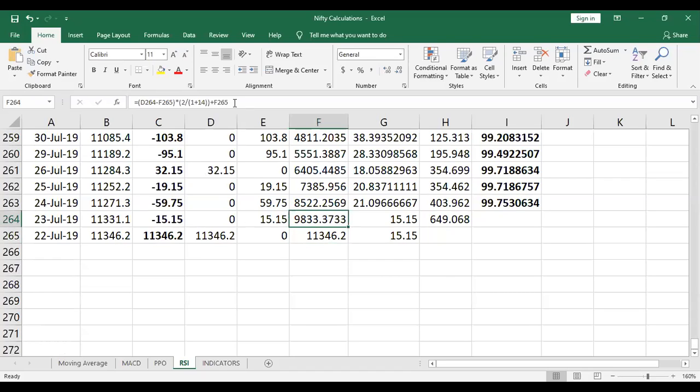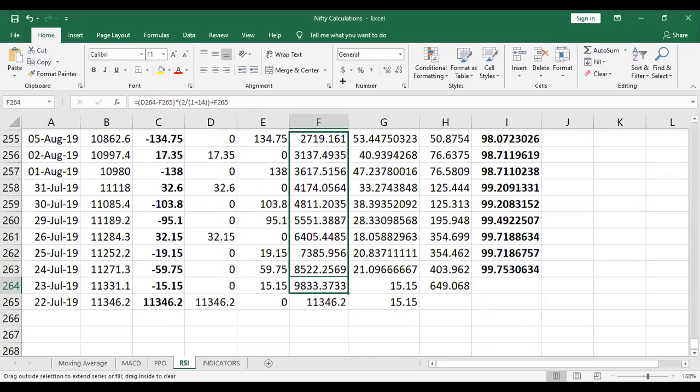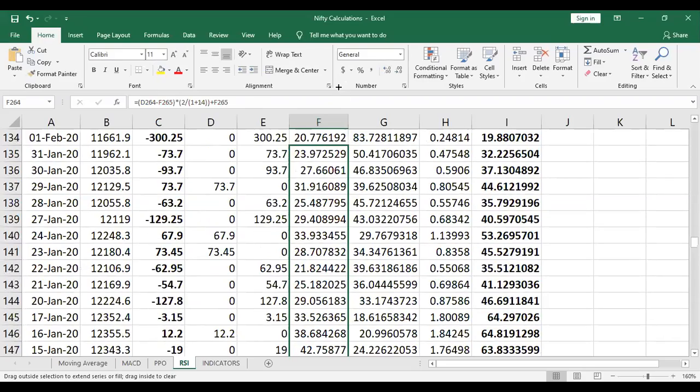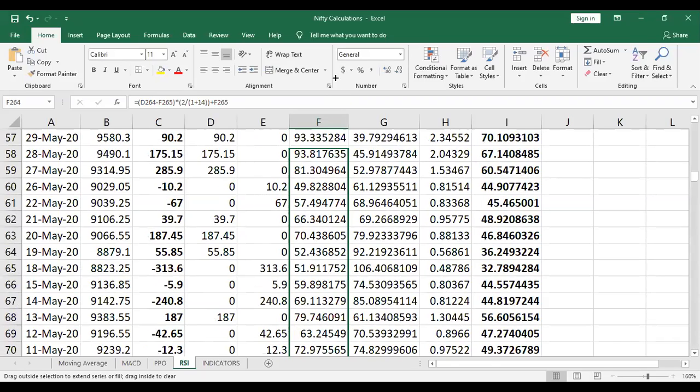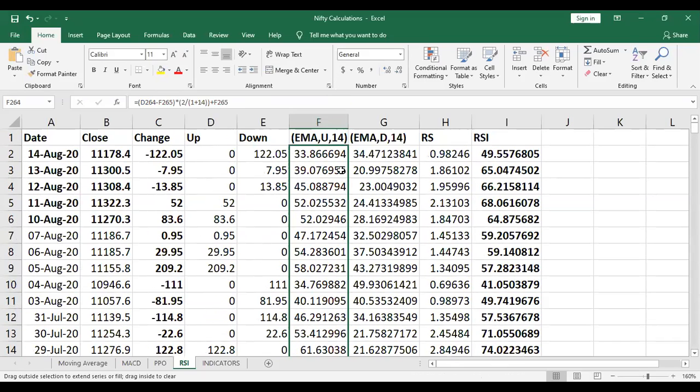Then as per the EMA formula, that is current market price less previous market price, multiplied by 2 divided by 1 plus period, plus the previous exponential moving average, and copy paste this formula till today. This period is generally considered 14.